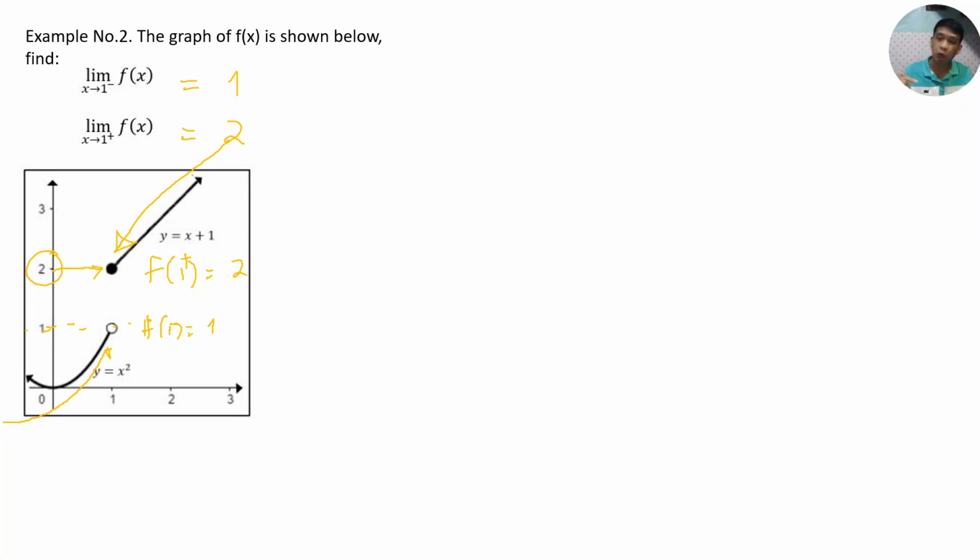Anong tinutumbok as we traverse the line here from the right, at yung parabola na y is equal to x squared as we traverse papunta sa x is equal to 1. So, that is coming from the left. So, therefore, limit of f of x as x approaches 1 minus is equal to 1, or left hand limit, and for the right hand limit of f of x, that is equal to 2.